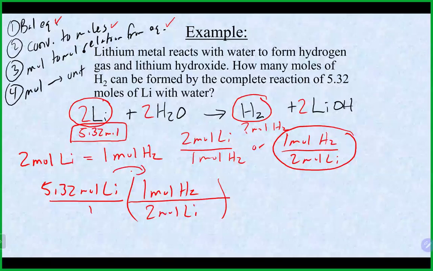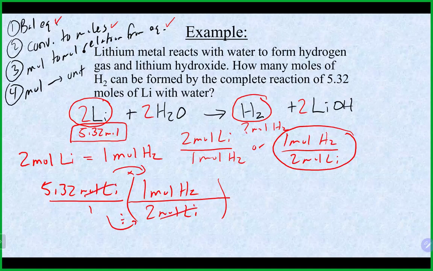Once again, we multiply the top, divide the bottom. The moles of lithium will cancel. And that's going to get us 5.32 divided by 2, 2.66 moles of H2. That actually is our answer in this case because that is what we're looking for, right?